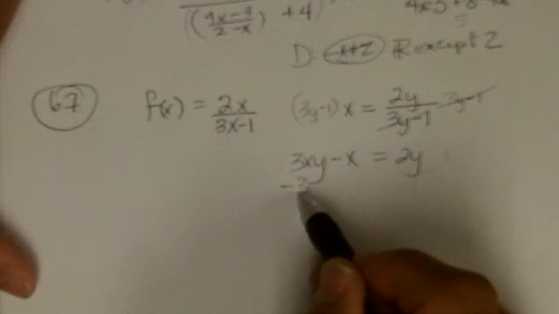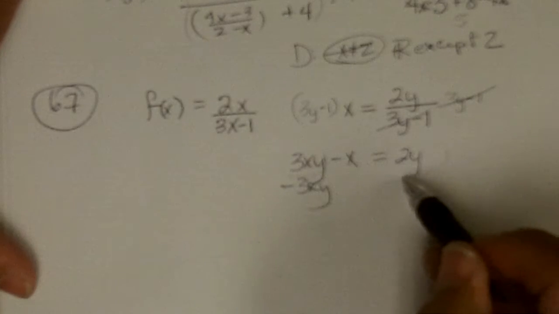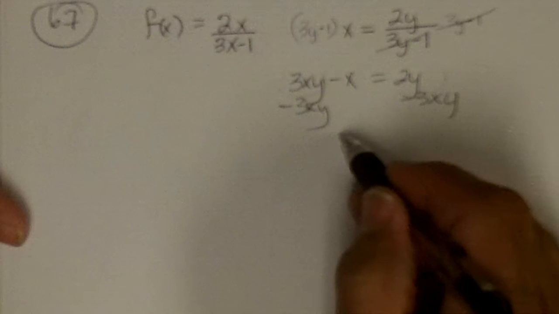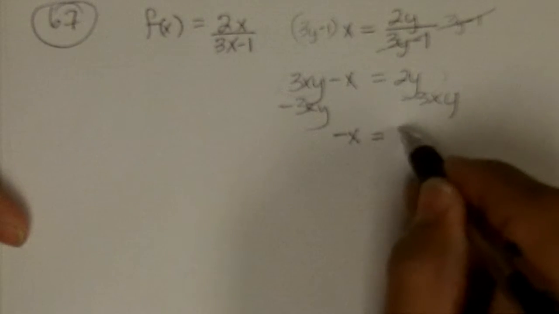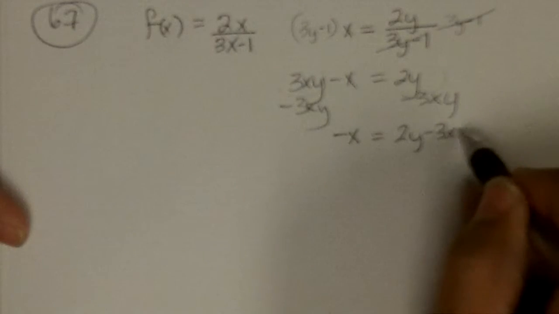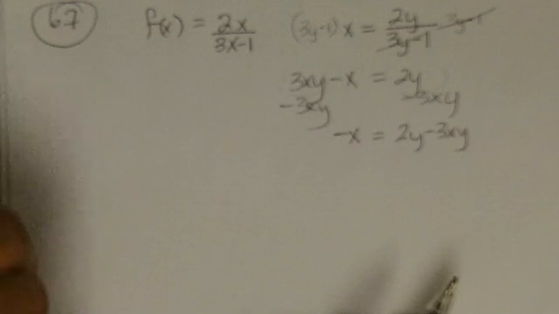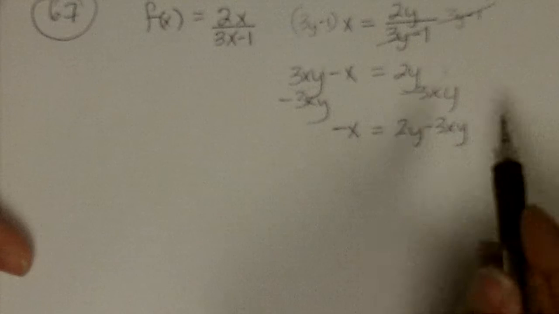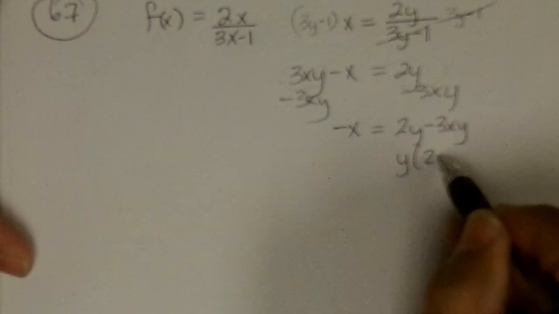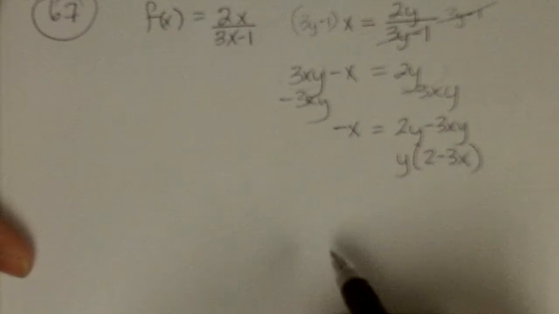So I'm going to subtract 3xy, subtract 3xy, and I end up with negative x equals 2y minus 3xy. And this is where students get stuck. They don't see that you can factor out a y, and so you get y times 2 minus 3x.